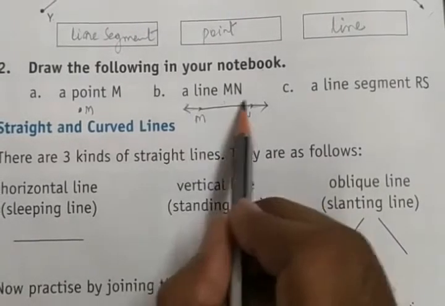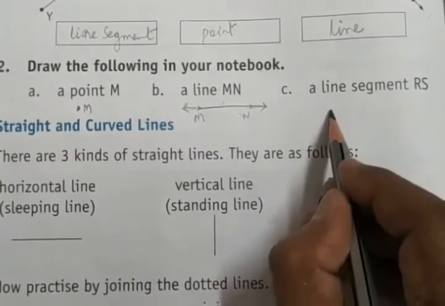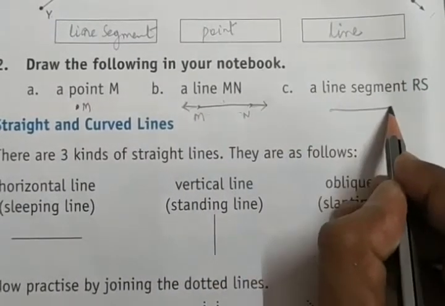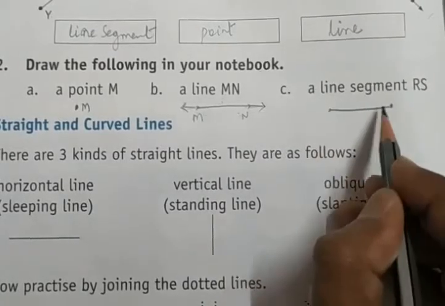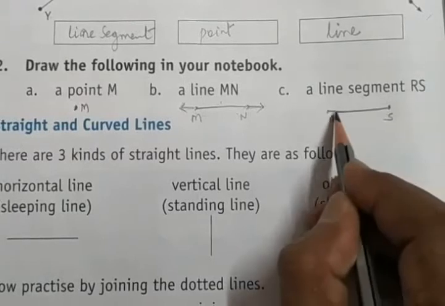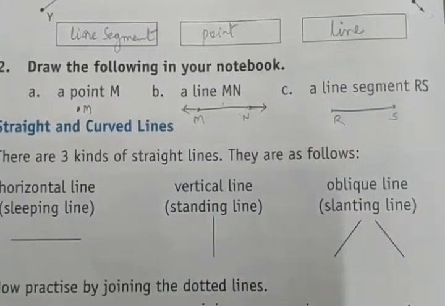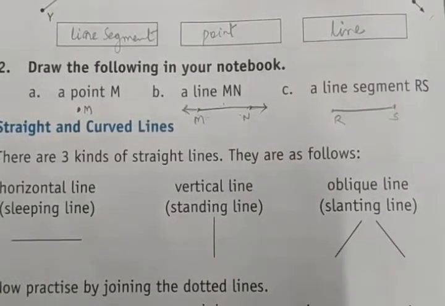This is called line MN. A line segment RS: between the two points R and S there is a straight line, then this is called a line segment.